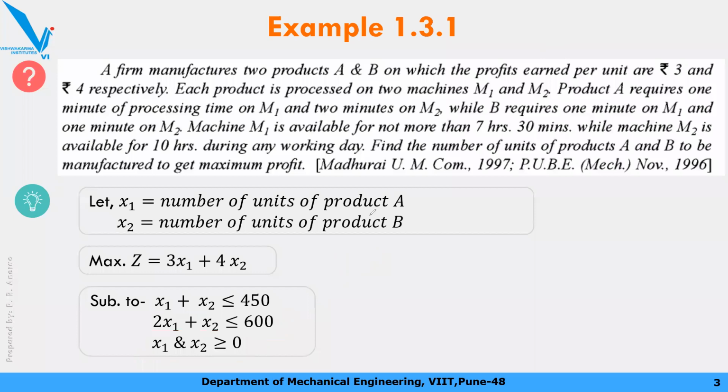Okay, so in the graphical approach, the first thing you will do is take a graph paper, then mark the origin. Let the x-axis be denoted by x1 and on the y-axis we will put the x2 variable. Okay, so this will be your starting point.